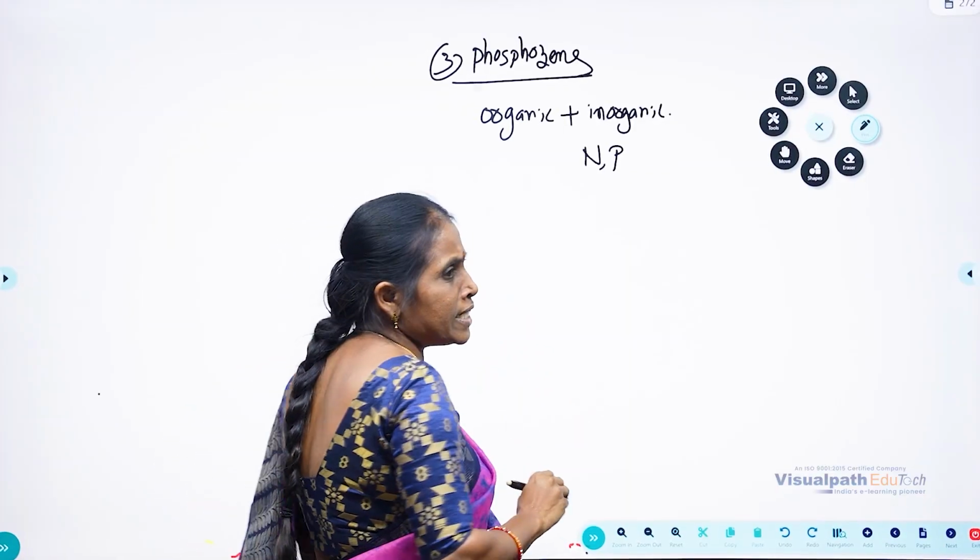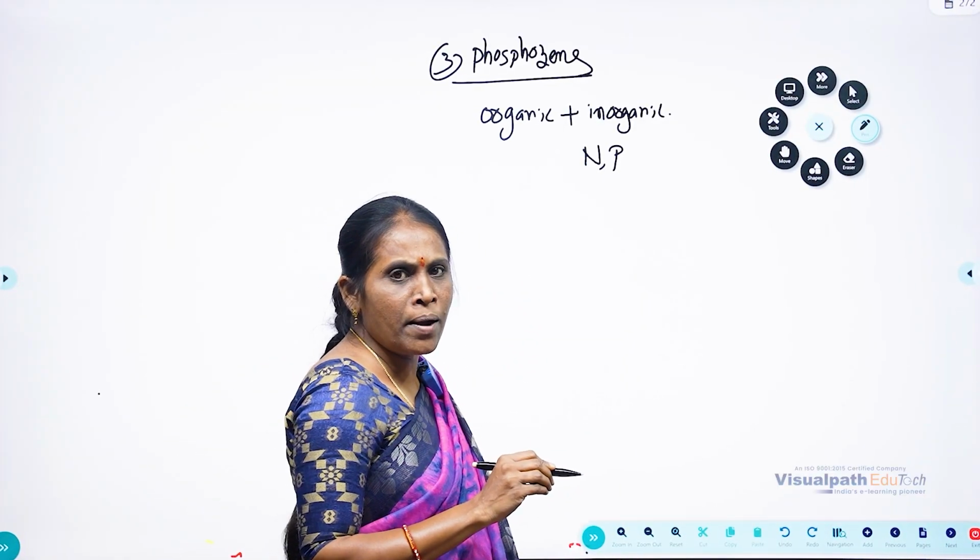Generally these phosphazenes are available in cyclic form and linear form.